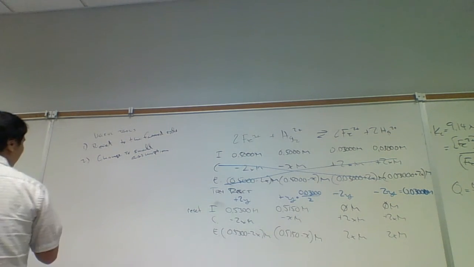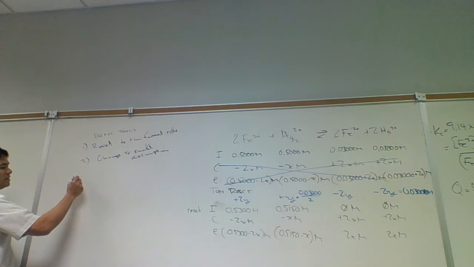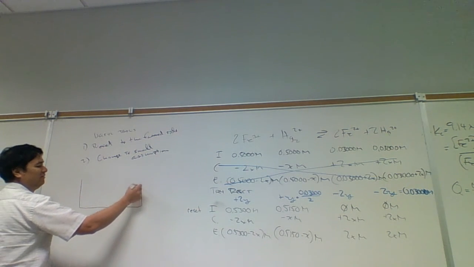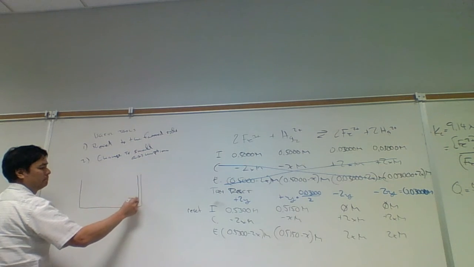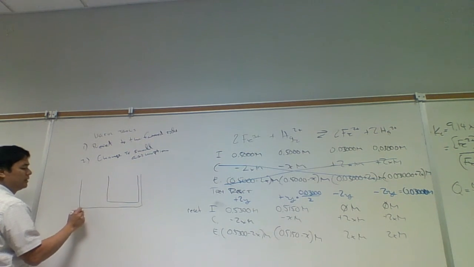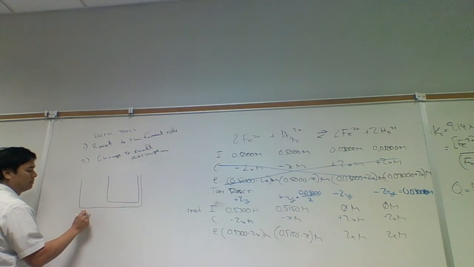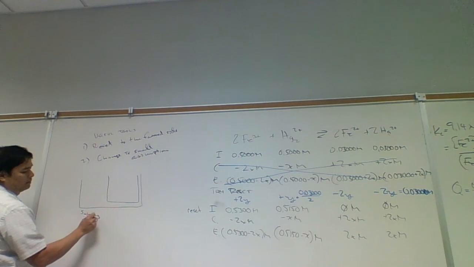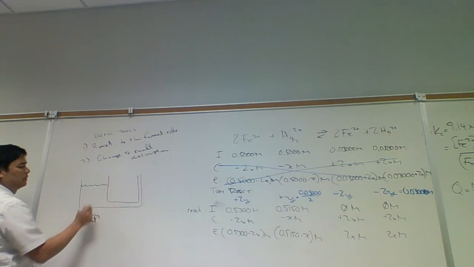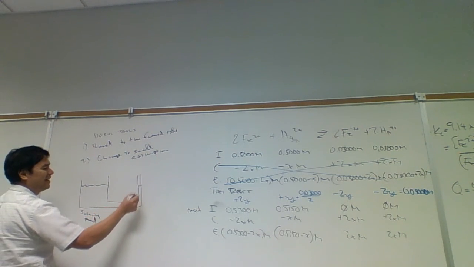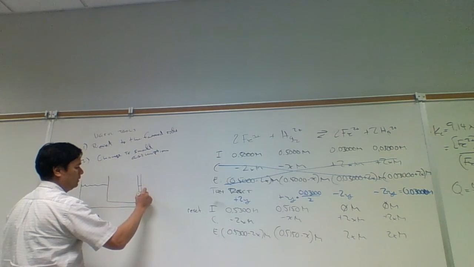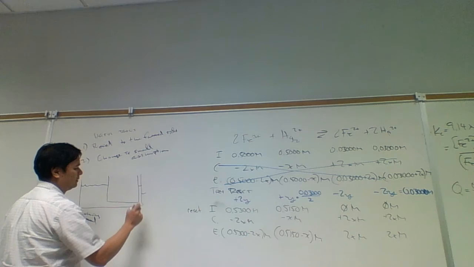Let's say you have a scenario like this, where this is like a swimming pool here. And over here we have a few drops of water. Let's say maybe a gallon of water.